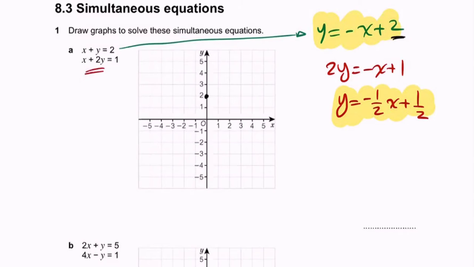I need another point, so I will substitute x by any value. Suppose that x equals 1. So at x equals 1, y equals negative 1 plus 2, which is equal to 1. So (1, 1) is a point on that line. So this point. So I can now draw the line. So this is the first line.